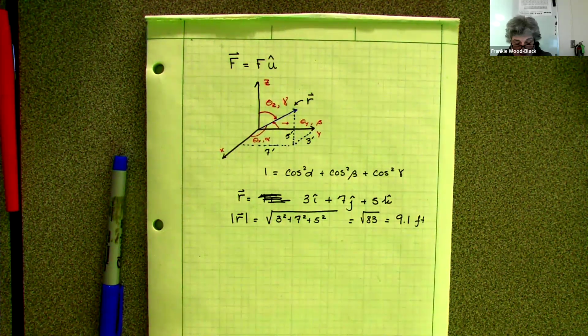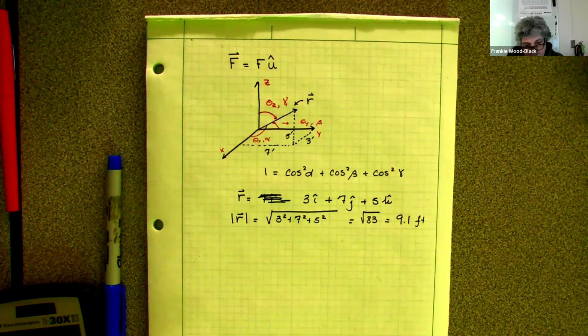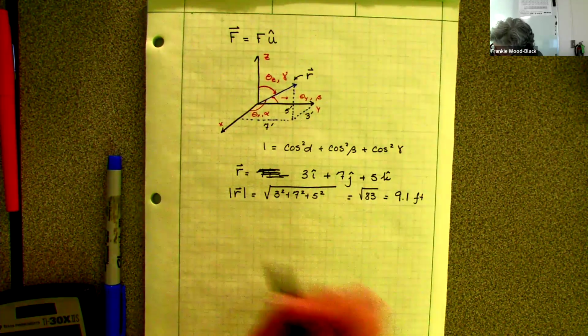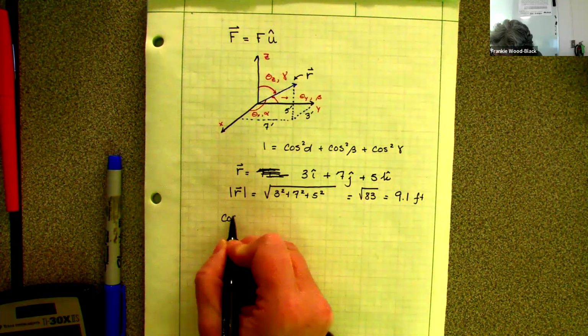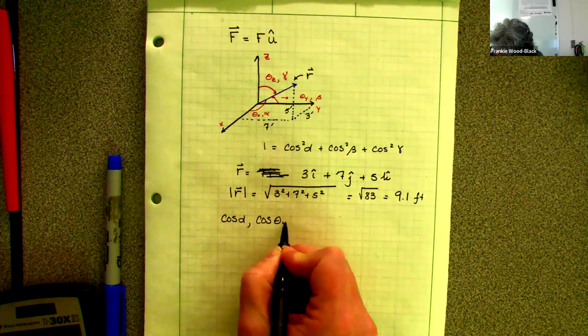Now, I want to find the cosine of alpha, or the cosine of theta x.